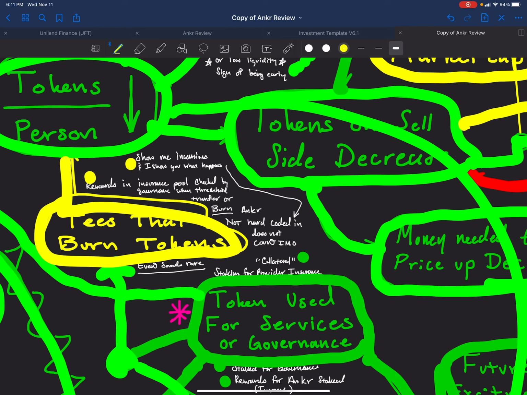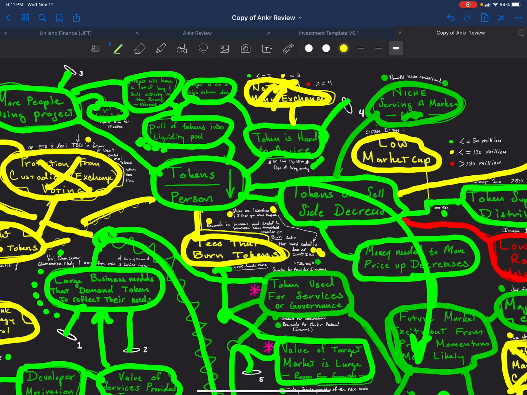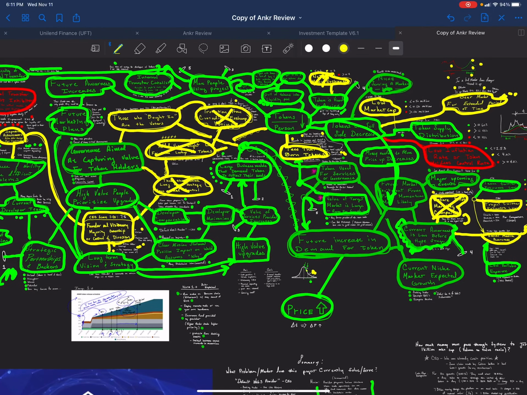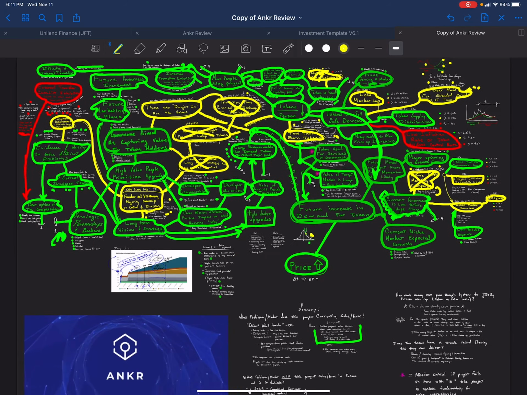Since it's not hard coded, I said it doesn't count, because what incentive will they have to burn anchor tokens? They'll probably just take those anchor tokens and do something with them. And once again, the reason I say that is show me the incentive, and I'll show you what happens. So you need to hard code burning tokens in for me to count it as something that contributes. But they could do it and show that. I'm not saying that they won't. I'm just saying that I like to see it written into the code.